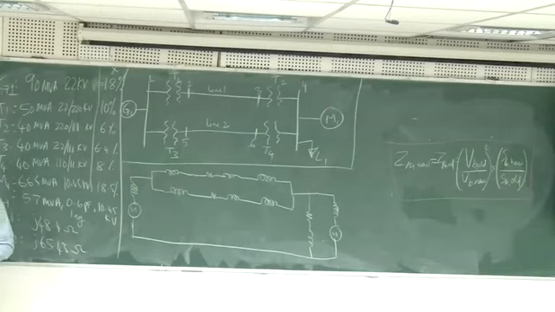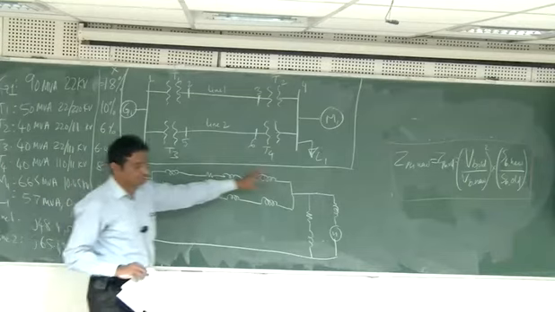Usually in the question it will be given what your overall base is. Suppose it is not given. Look at all these values: 90, 50, 40, 40. These are all various values of MVA. You have to choose one MVA as your base for the entire power network.